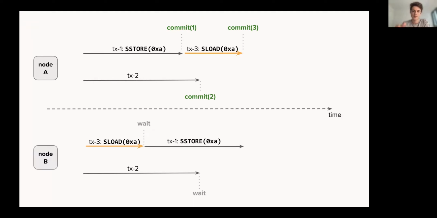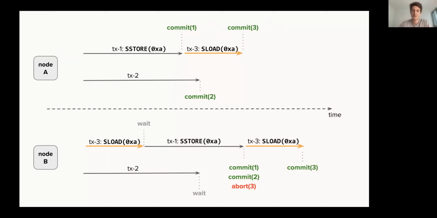And at this point, we can commit transactions 1 and 2 because they are independent. However, at this point, we notice, or the scheduler can detect, the conflict between 1 and 3, and it will decide to abort 3 and re-execute it before it can commit. Now the resulting state would be the same on different nodes.